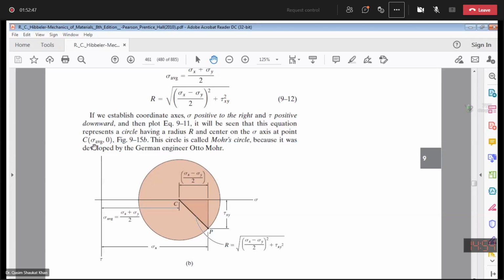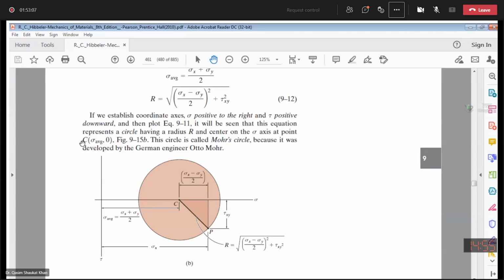Okay? So this point C has coordinates average normal stress and zero. This is basically the x-axis, so this is the average normal stress, and the shear stress is zero.